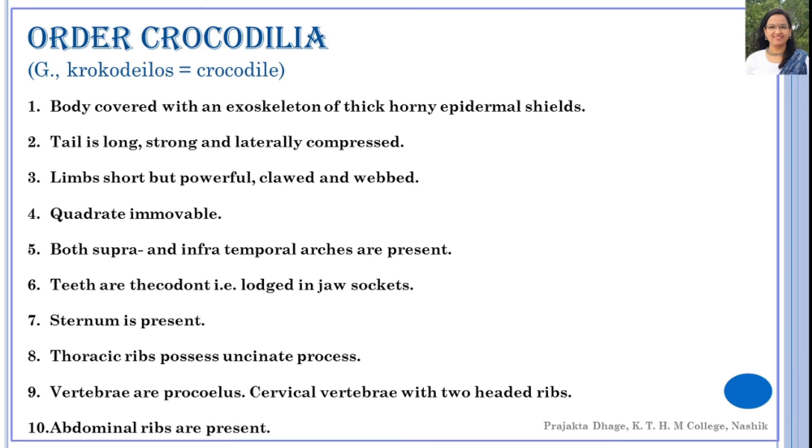Sternum will be present, and thoracic ribs will be double-headed and possess uncinate processes. Vertebrae are procoelous, cervical vertebrae with two-headed ribs. Abdominal ribs will be present.